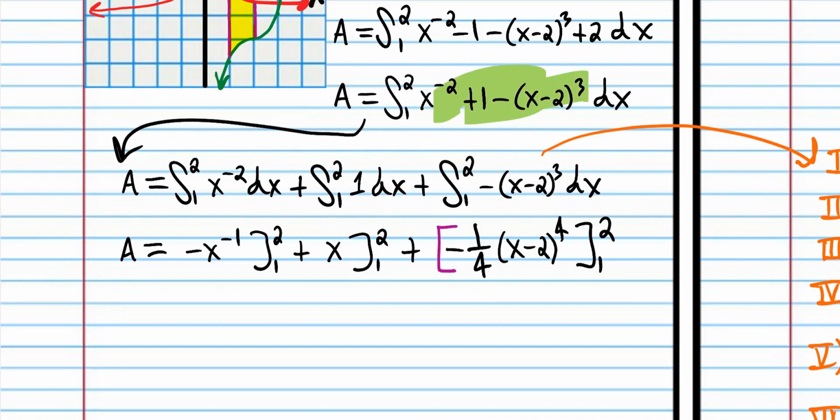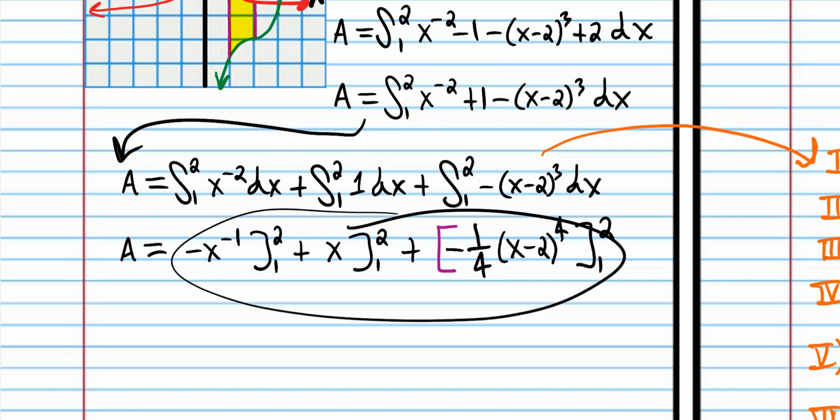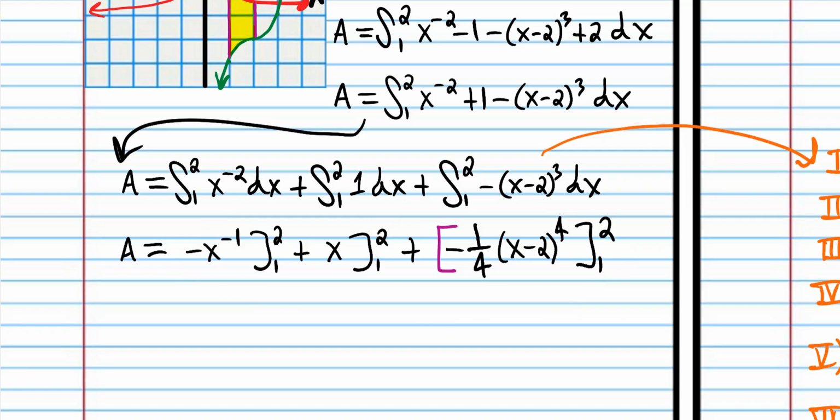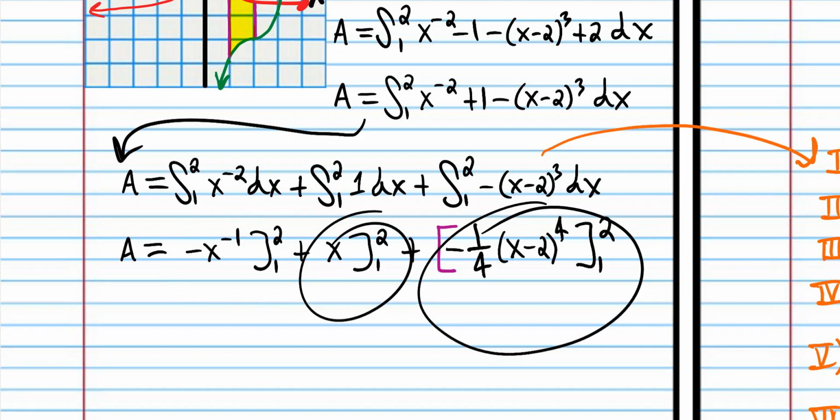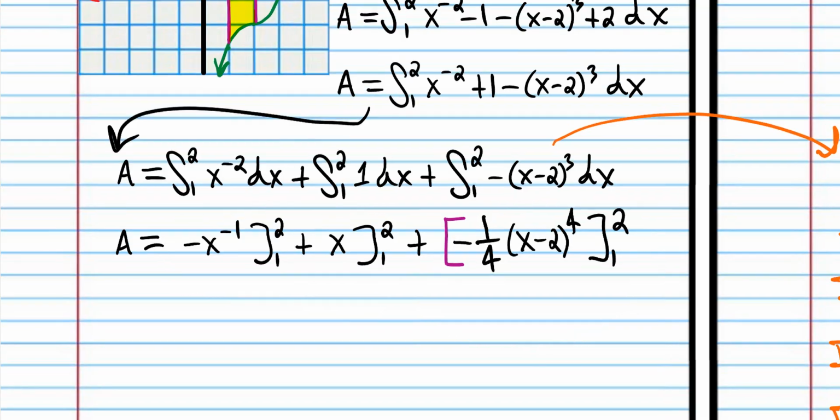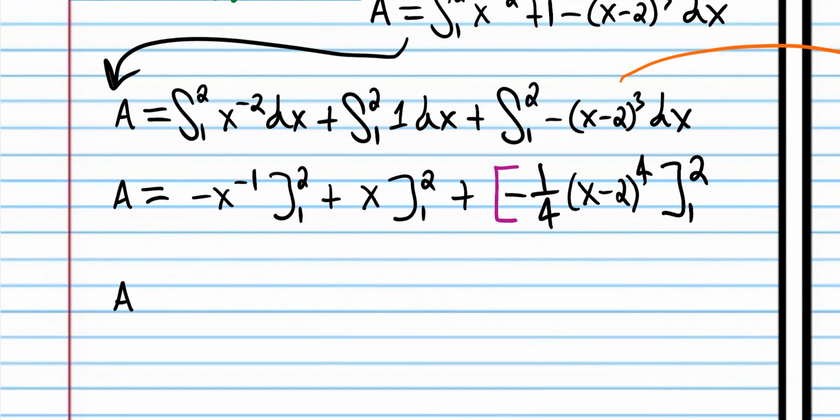Now, all we were looking for is the antiderivative of this expression up here. And we found it. But we did it in parts. Now you can do each one of these expressions one at a time. This one, and then this one, and then this one. But that would be kind of tedious. It might be kind of confusing. So what I'm going to do is I'm going to just recombine everything.